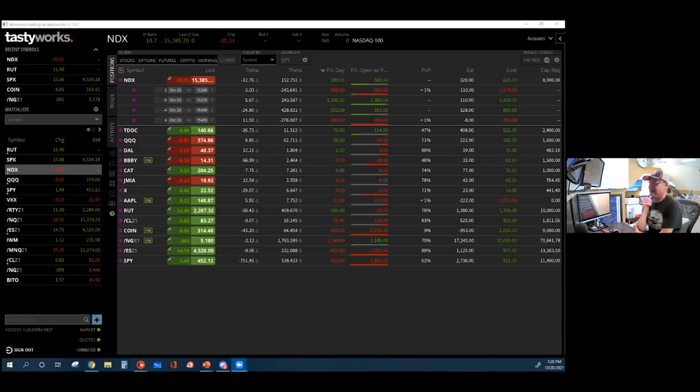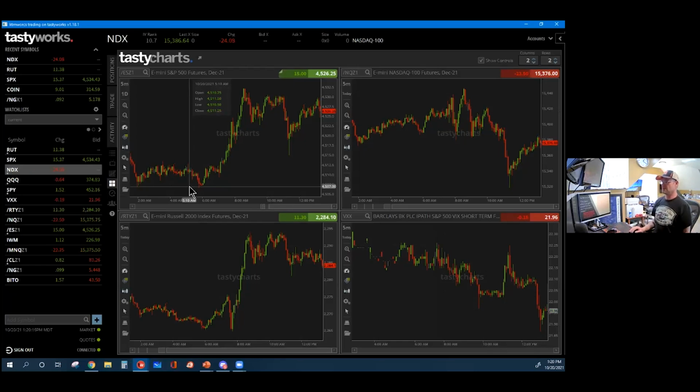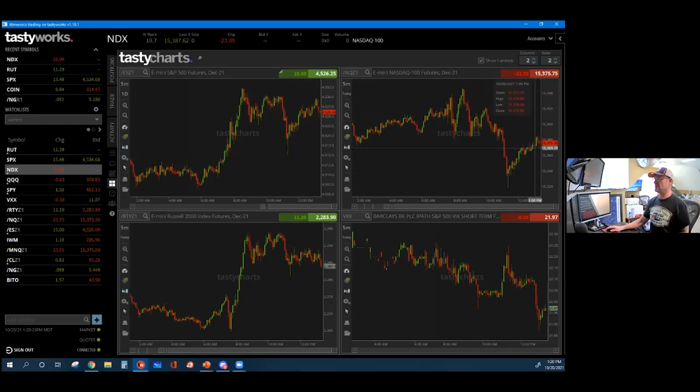So anyway, I was just saying, it obviously doesn't take much, right? As you get later in the day here, it doesn't take a whole bunch of movement to really help out a trade. Now, it's interesting. We got a nice little movement there on the NDX.